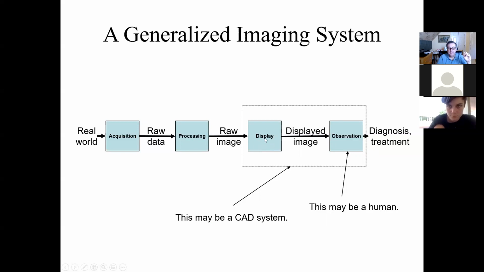And so that image is displayed and traditionally observed by a human, which leads to some diagnosis, treatment, judgment, etc. This could also all become a computer system, and there are some, but not many, limited examples of computers doing this job.